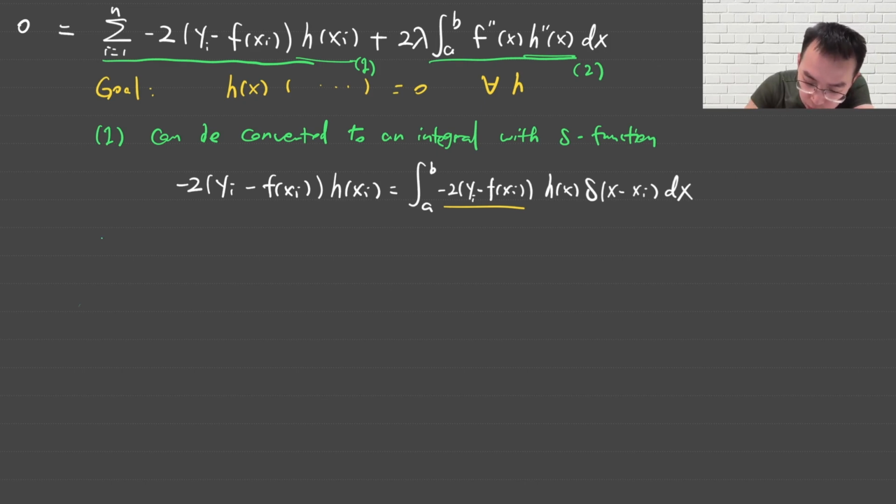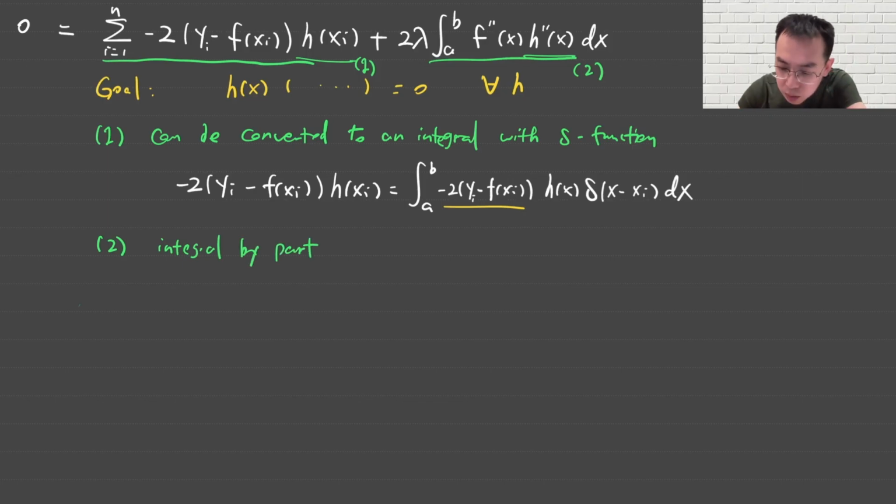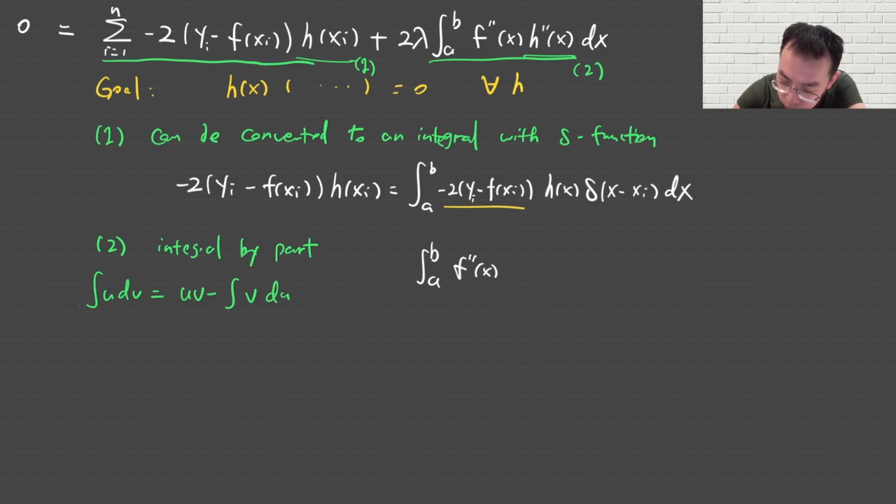For the second term, we are going to use integration by parts to convert the second derivative of h into the function h. Recall the integration by parts formula: the integral of u dv equals uv minus the integral of v du. That's the equation we're going to use. It's from a to b, f prime prime of x, h prime prime of x, dx.